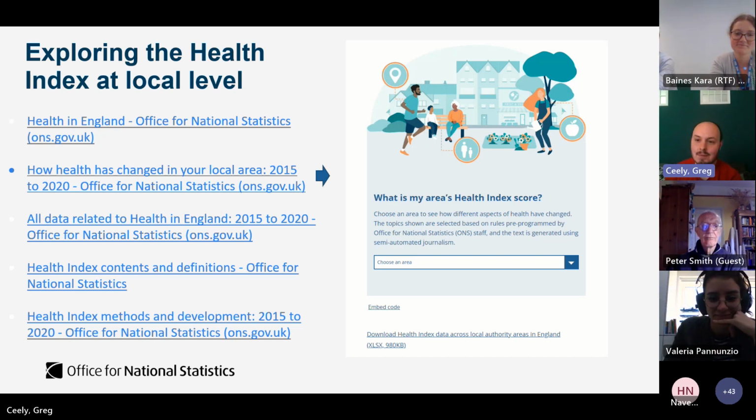As you've seen from both of these outputs, these are showing data up to 2020, and I will say in a moment a bit more about our plans for 2021 data and beyond. I've also seen a couple of things in the comments which we'll be able to talk about a bit later on, questions about a UK level index, for example.